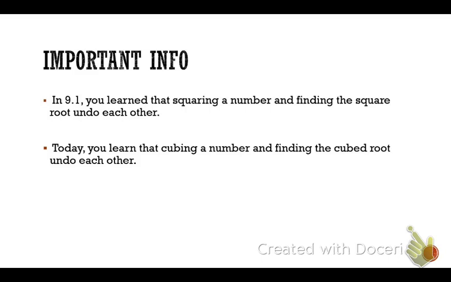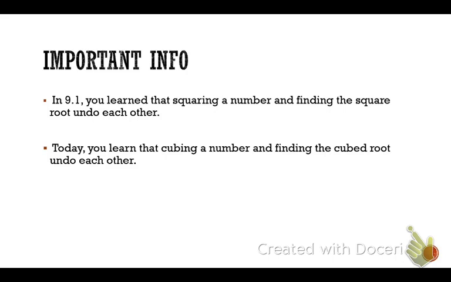All right, so you don't necessarily have to write down the words part of this, but I want you to write down what I'm about to write. In 9.1, you learned that squaring a number and finding the square root undo each other. Basically, they're inverses.